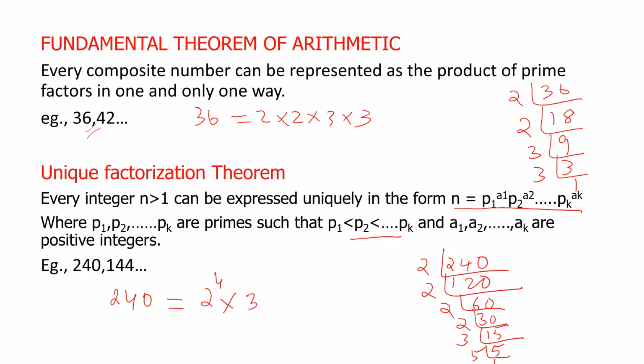Only one 3, so 3 raised to 1, into 5 raised to 1. So p1, p2, p3, that is 2, 3 and 5, are primes. And a1, a2 are the powers and they are positive integers. So this is how you represent a number using the unique factorization theorem.